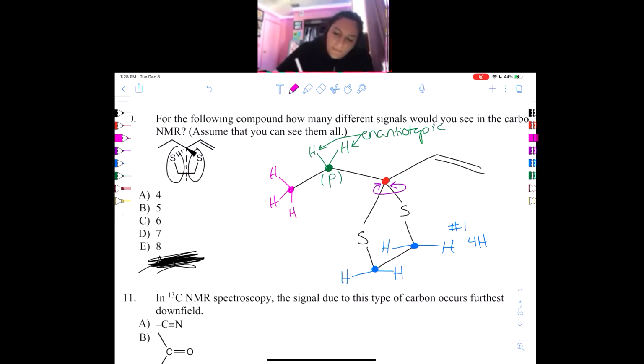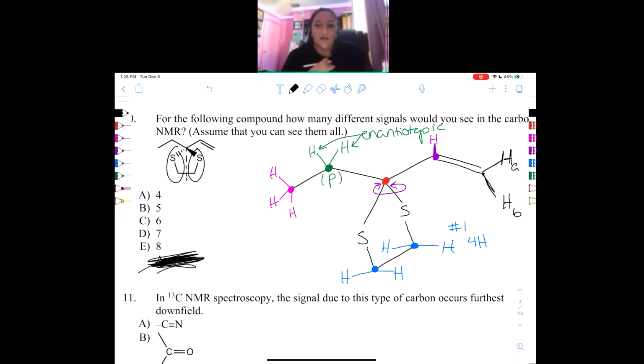Now we have this carbon right here, and it has one hydrogen. That's going to be all by itself. Now we have a double bond, and this is where people usually get tripped up, so we're going to spend a little bit of time on it. We're going to call them HA and HB.